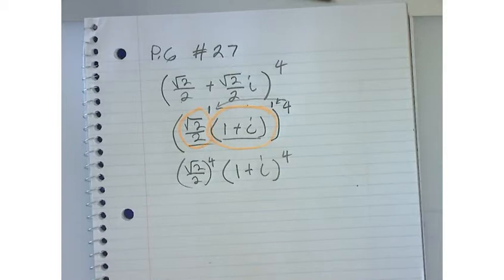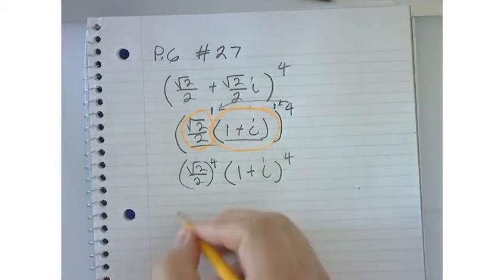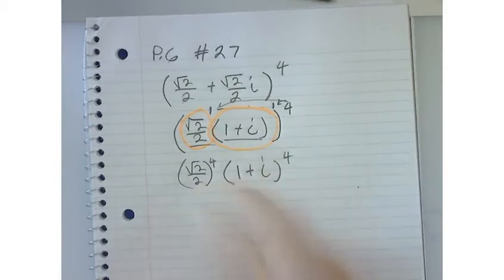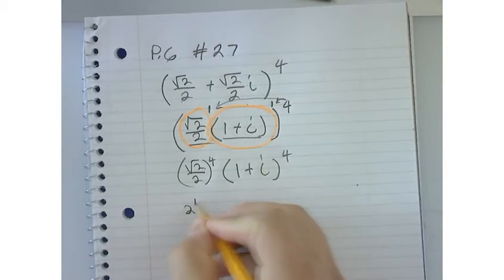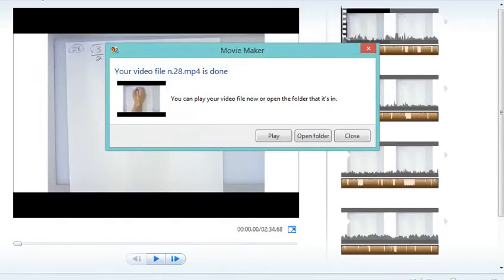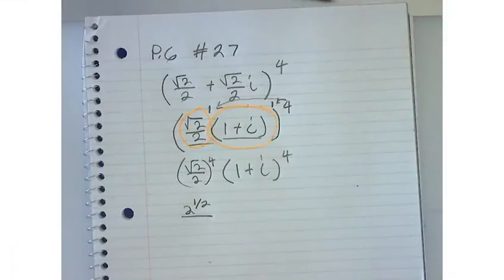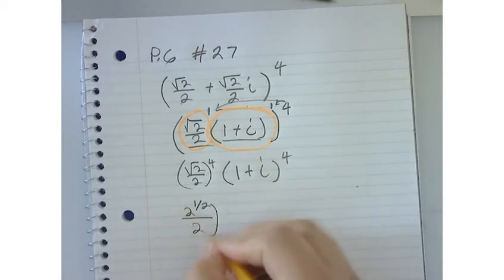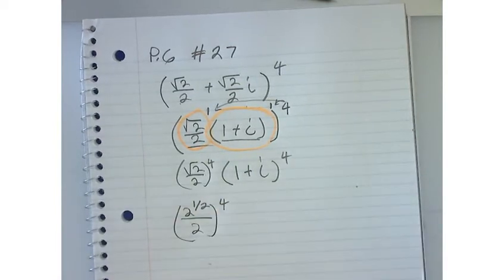Now this is really easy, kind of. Think of it like this. The square root of 2 is the same as 2 to the 1/2, isn't it? Oops, lost our spot there. Right? And then that's all over 2 raised to the fourth.